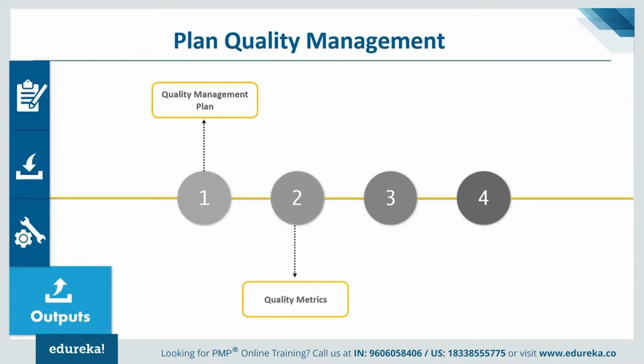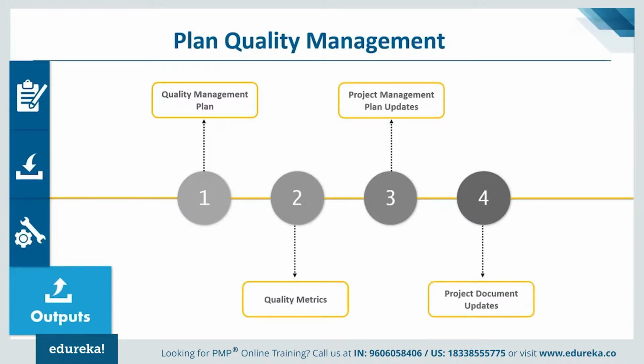It could be, for example, defect data, defect age, or defects per release, etc. That's just one quick example. The project management plan will get updated with this outcome, and even the project documents, like the assumption log, traceability matrix, or stakeholder list that I gave you examples of. Those might also get updated as a result of this.